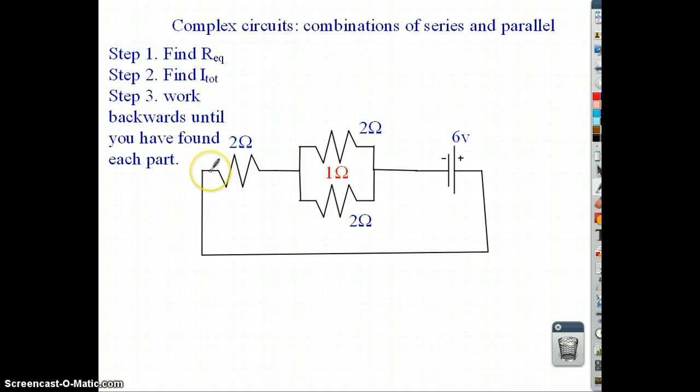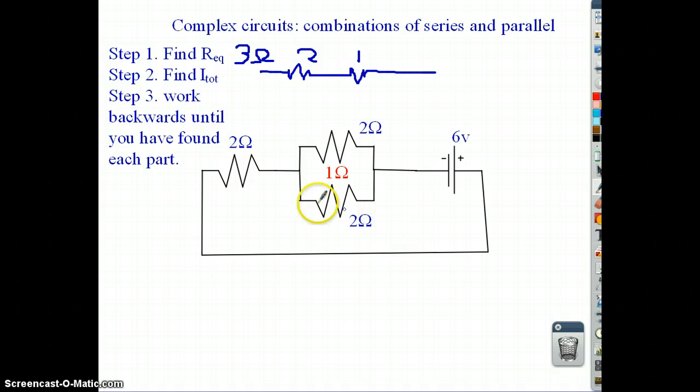Now we have a series that is a 2 ohm resistor and a 1 ohm resistor. 2, 1. Because that's in series, we would simply add those up. This circuit has an equivalent resistance of 3 ohms. So finding equivalent resistance is one large step in the process.